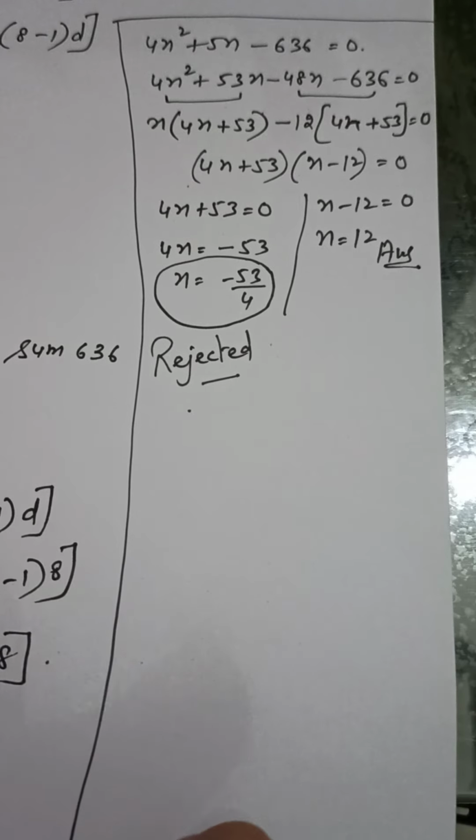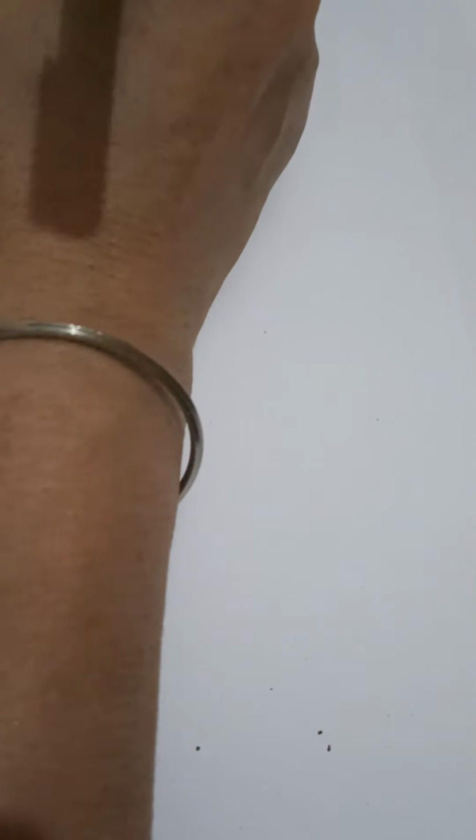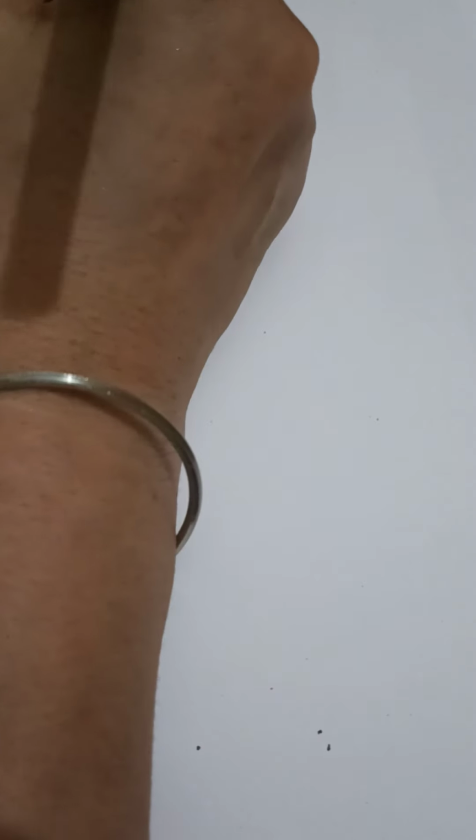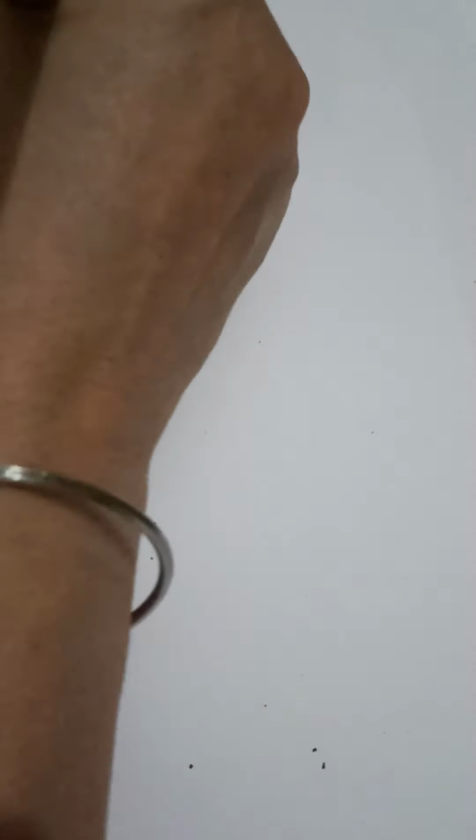Now next sum. Sum number 5. First term of AP is 5. That means A is equal to 5. Last term is 45.